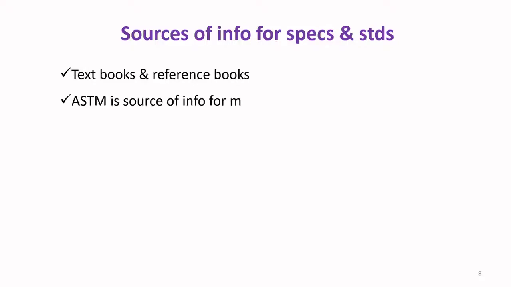Now, let's say you want to set up a factory or you are new to the industry. So in that case, where would you find the information for specification and standards? So there are textbooks and reference books from where you get the details. ASTM is the source of information for material performance. You can go to their website and find most of the details.